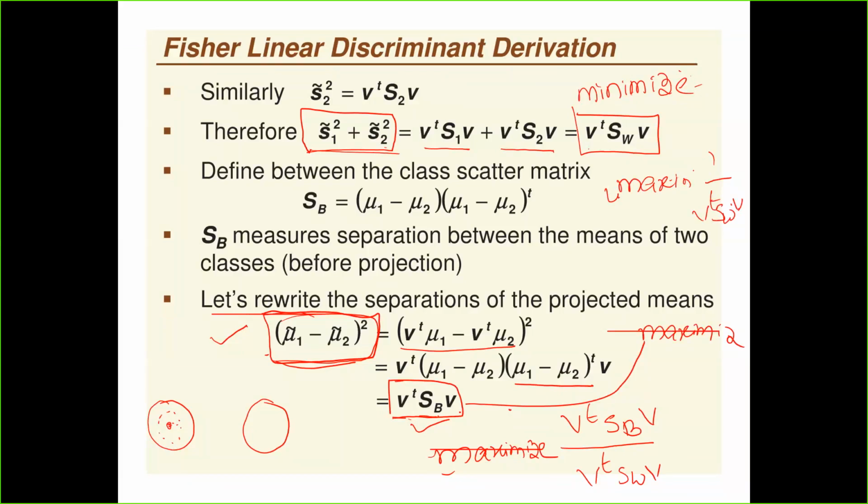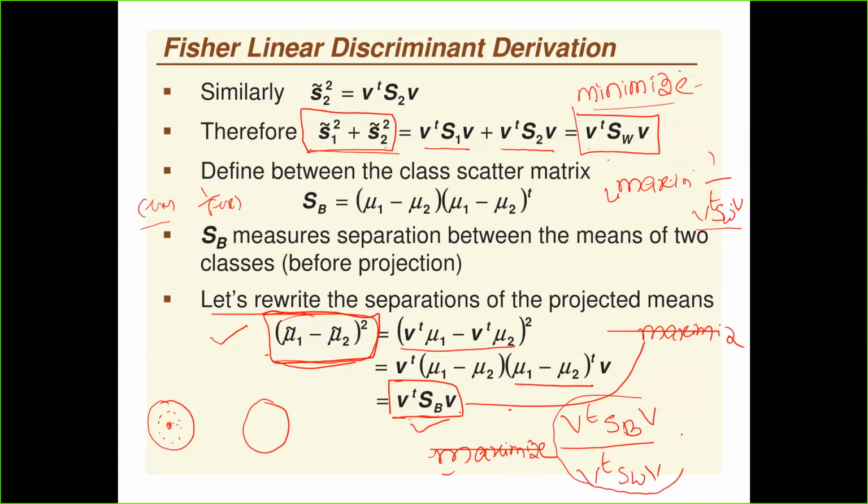Minimizing f of x is equivalent to maximizing 1 by f of x, right? Using this, I can write that minimizing this is equivalent to maximizing 1 by V transpose SWV. So now both are maximization problems, so we can solve them together.